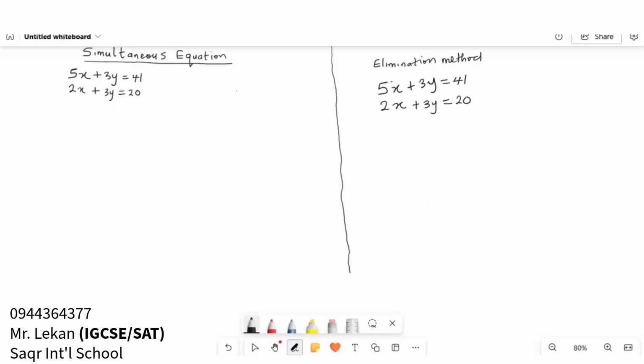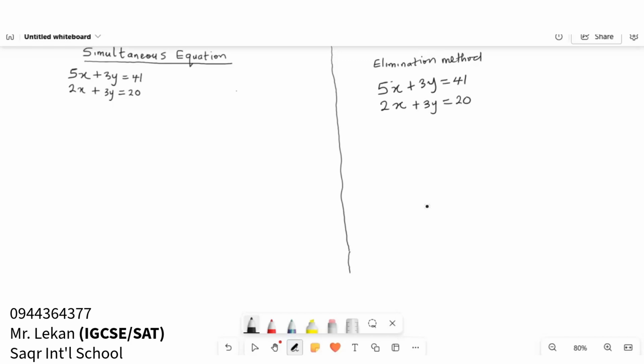Now, elimination method is just like looking for a way to cancel one of them. As you can see, I have 5 here as the coefficient of x, 2 as coefficient of x. They are not the same.